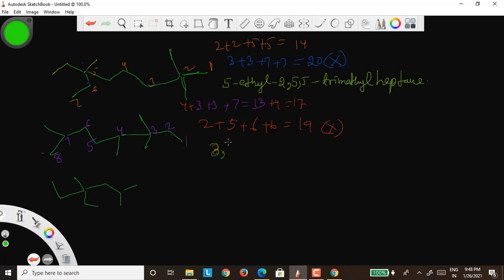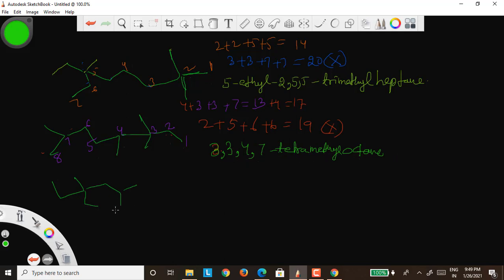So 3, 3, comma 4, comma 7, tetramethyl octane. Okay. So this number should be given in increasing order. You cannot write 7433 or 4373 like that, wrong. So it should be in increasing order: tetramethyl octane.